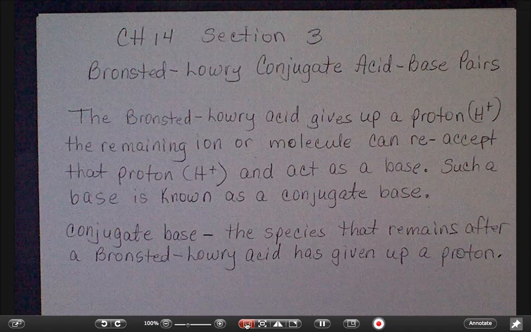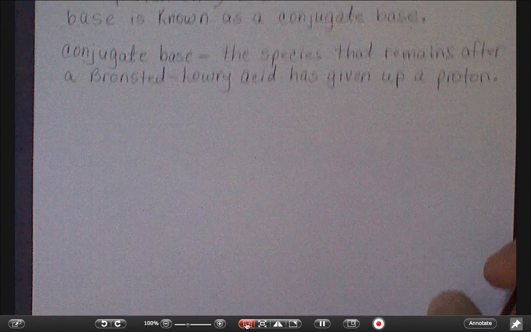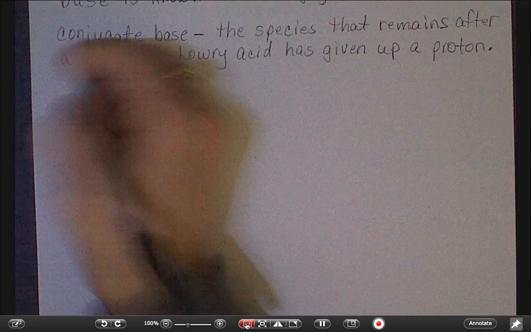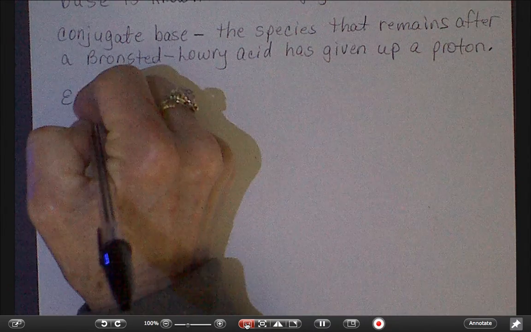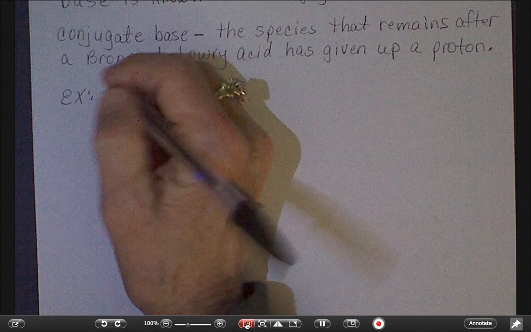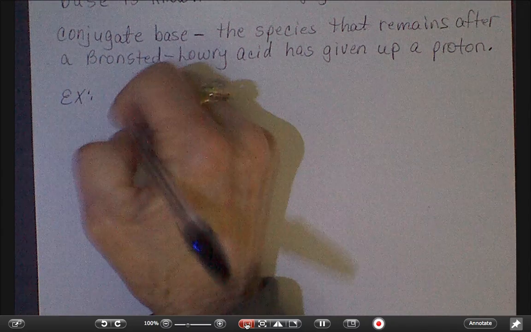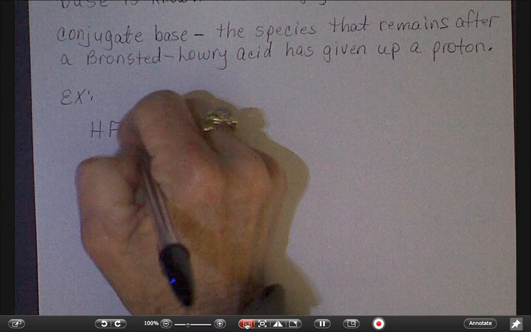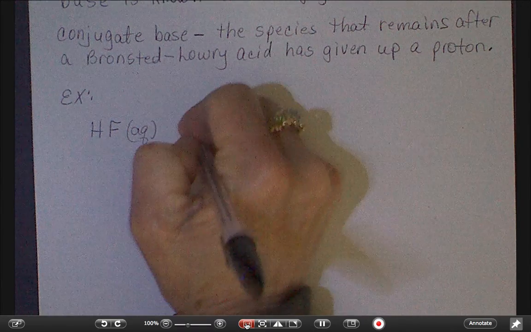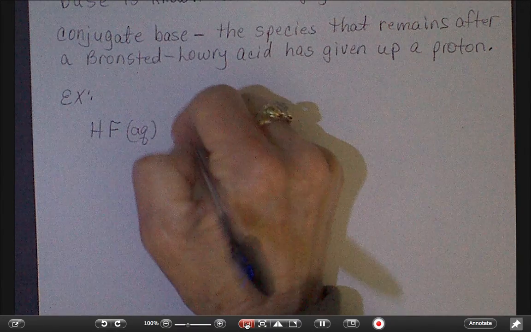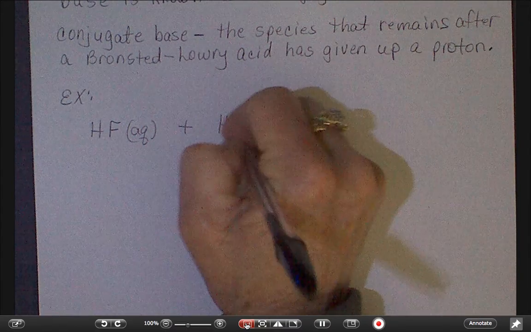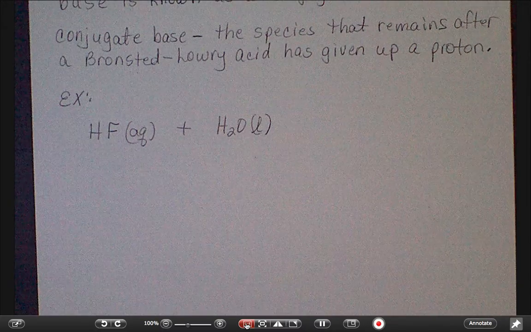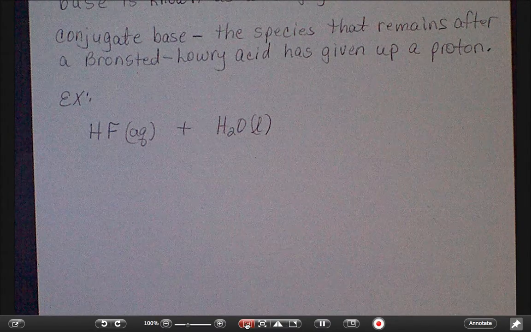Example. We've got HF aqueous plus H2O liquid. What's the difference between aqueous and liquid?